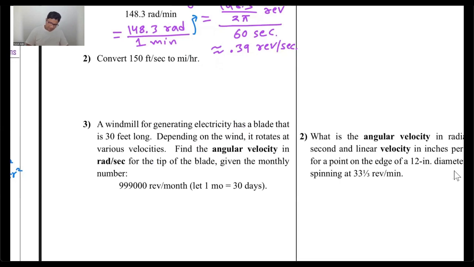Next, convert 150 feet per second to miles per hour. Now you can go ahead and give it a try and then check with me.